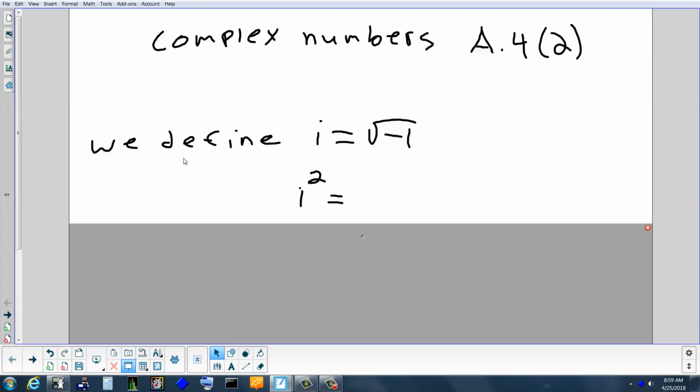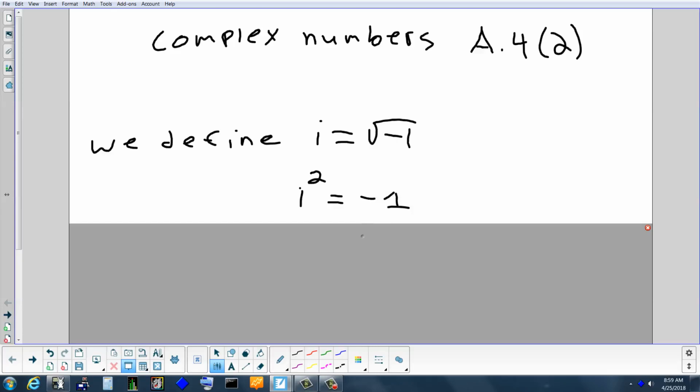i squared. i squared is going to come up a lot today, and we need to know what it equals. Does anyone remember from yesterday what i squared simplifies to? Not 1, but close. -1.